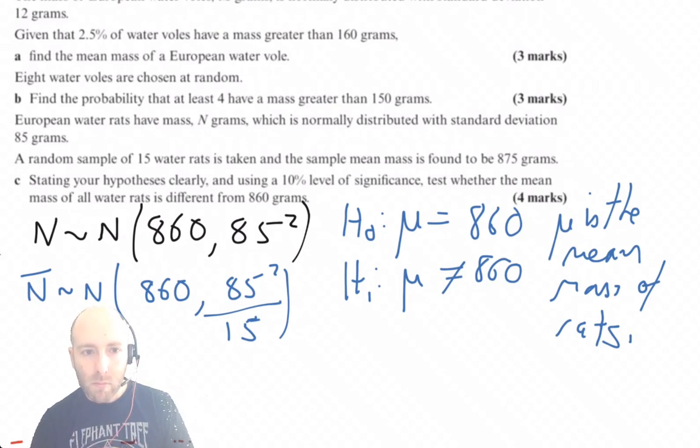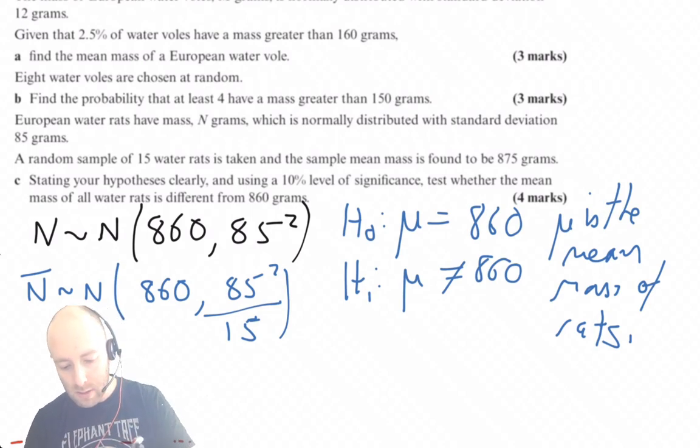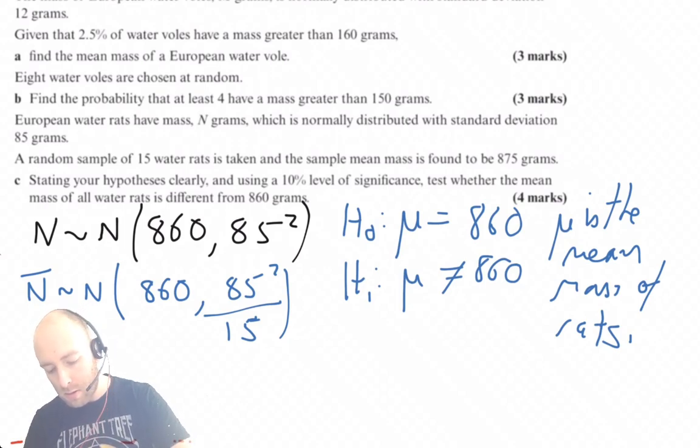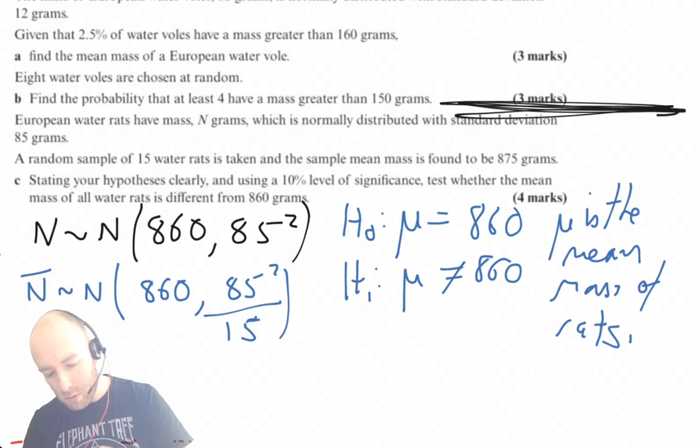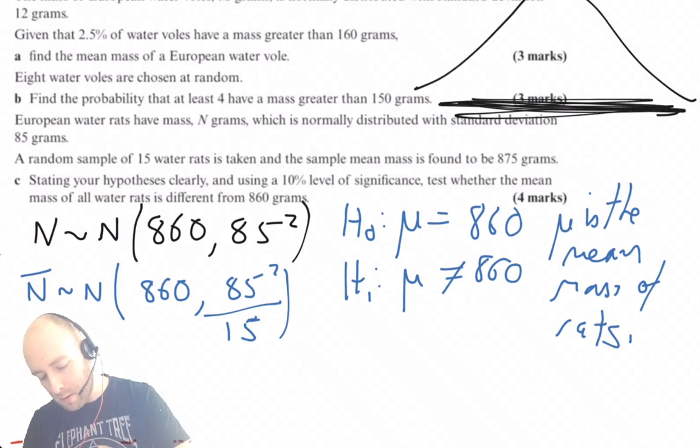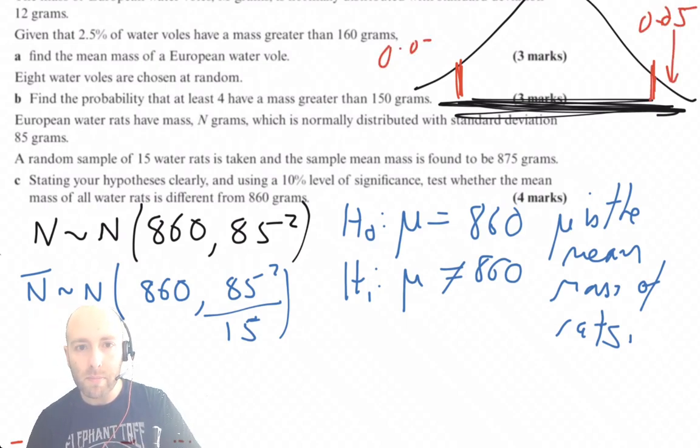So, we've got our hypotheses and we've got our distribution. Okay. So we're using a 10% significance level. So if I sketch that, maybe up here, there's my distribution. We're looking for 5% either side.